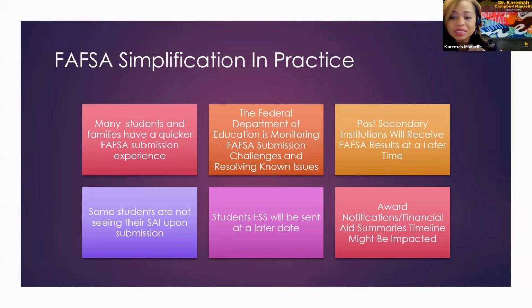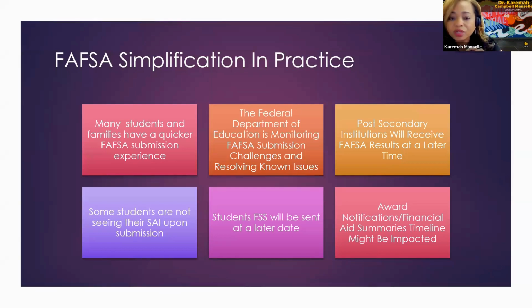This information is incredibly important to the functioning of the Office of Student Financial Assistance. We have learned that we will not begin to receive those institutional student information records until sometime in the first half of March.